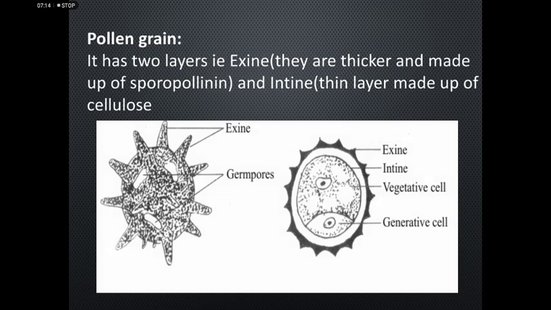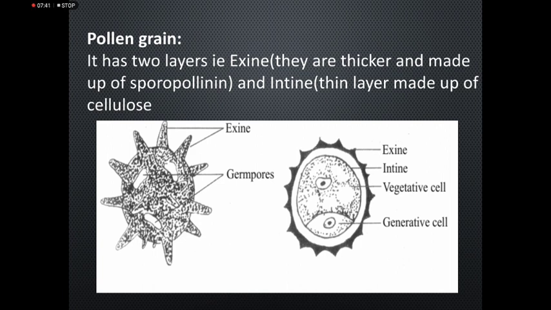This is a structure of a pollen grain. It has two layers, that is exine and intine. In the first figure you can see the exine and intine. Exine has some ornamentation and also exine is made up of sporopollenin.